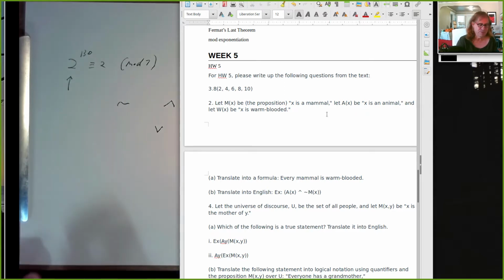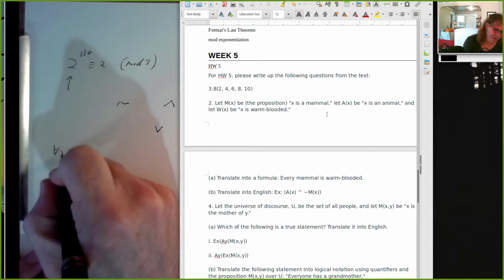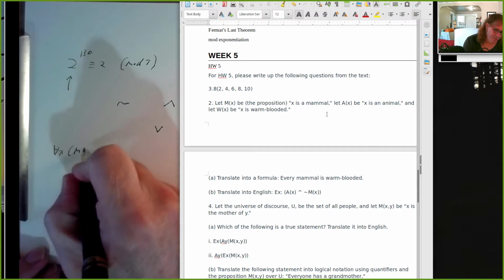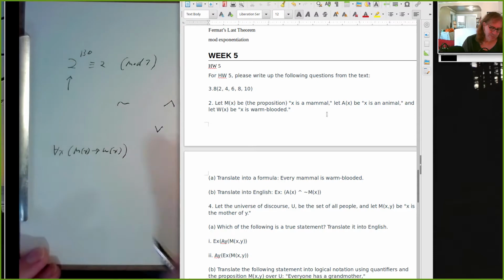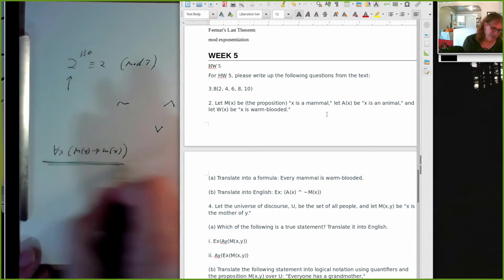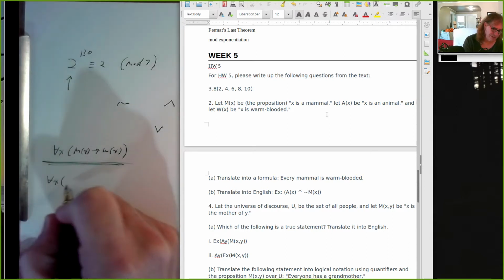So every mammal is warm-blooded would say for all x, if you're a mammal, then you're warm-blooded. All right, so a slightly different expression which is not equivalent would be this.